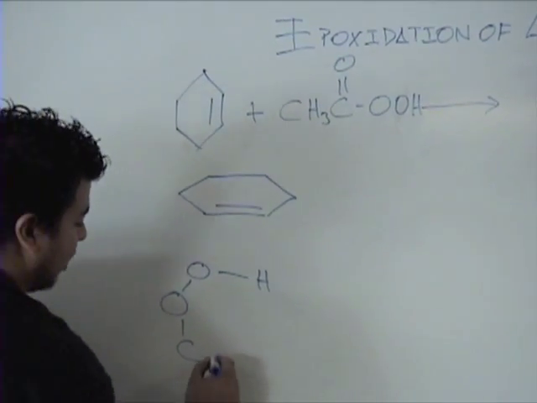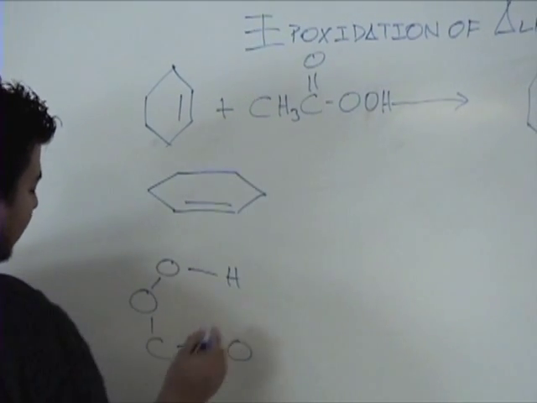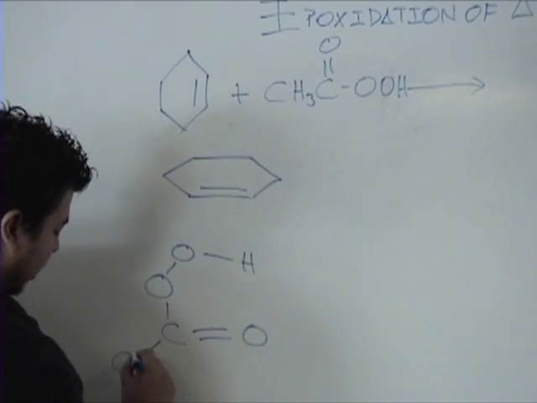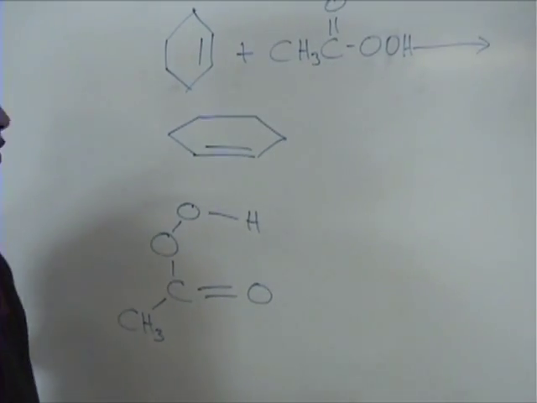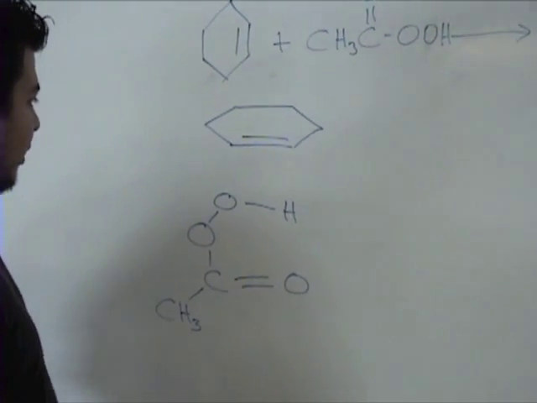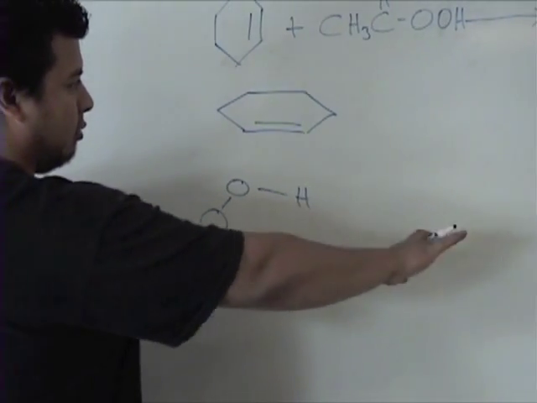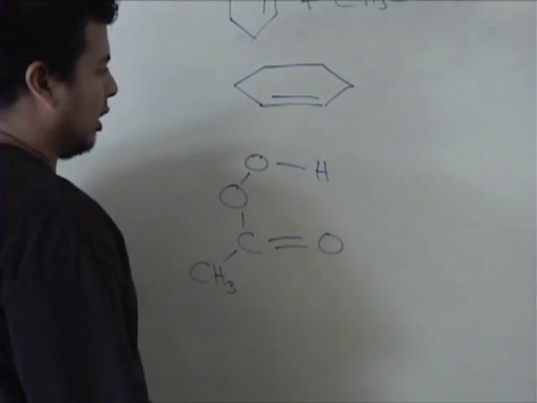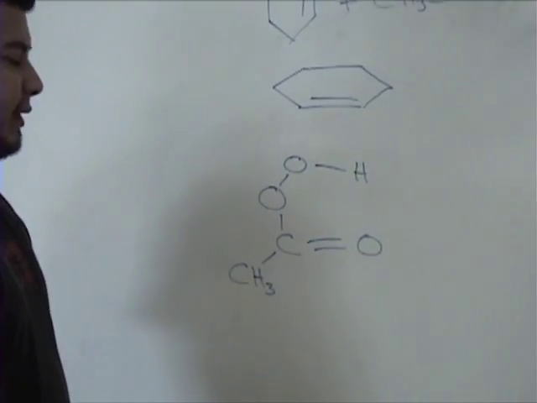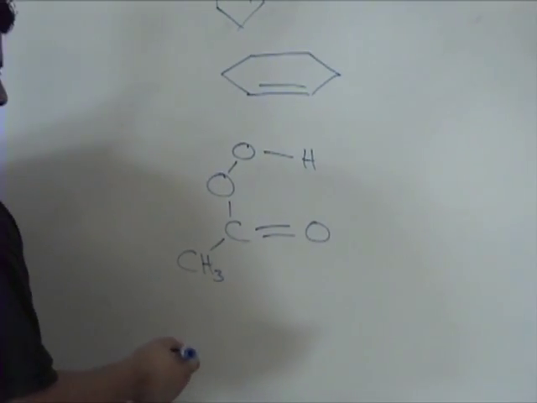Then the carbon has a double bond, O. And it has the R group right here, CH3. So just to make it easier on yourself, remember that the double bonds are the ones that go straight, if you want to think that way. So now, it's a concerted step. We know it's an oxidation, so let's make the mechanism.